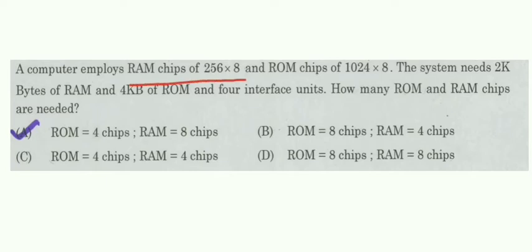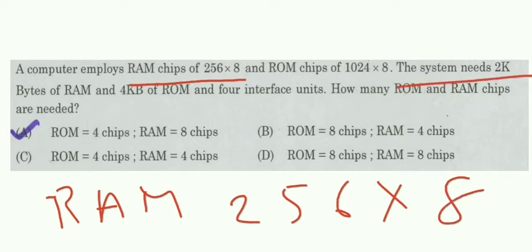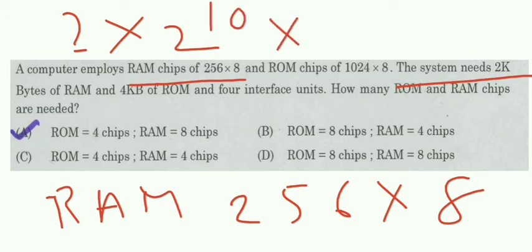RAM chips of 256 by 8 are employed. The system needs 2K bytes of RAM. 2K means 2 power 10, byte means 2 power 3, so totally this much bit storage is required.